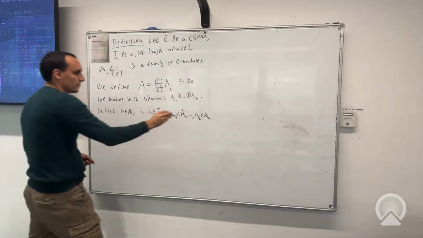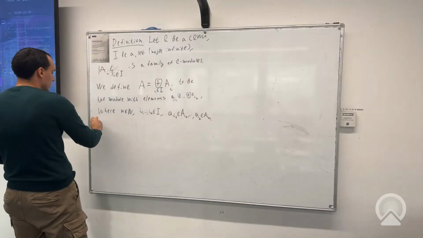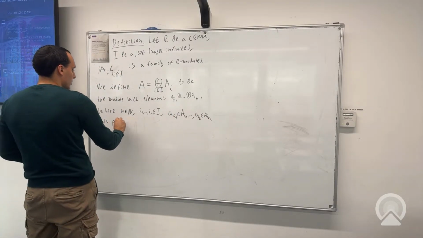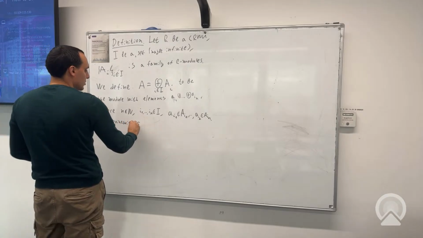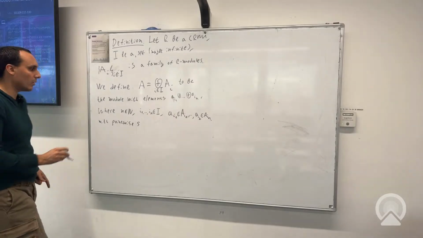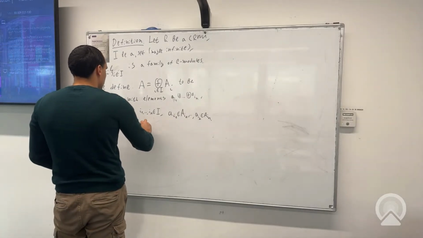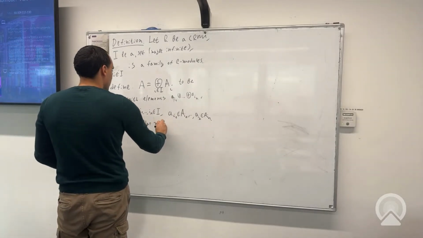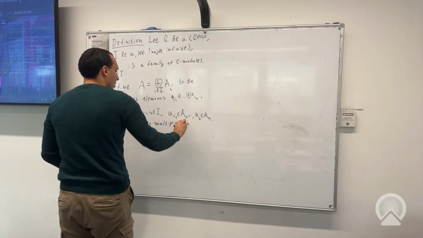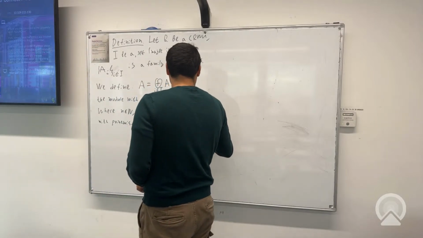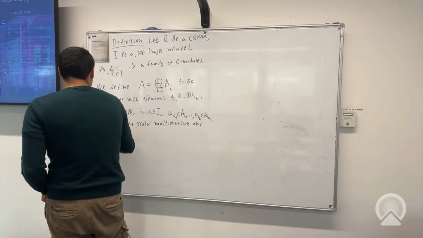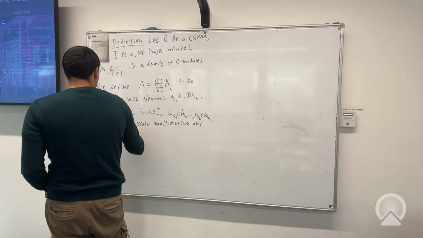And with pointwise scalar multiplication, so if we multiply this by lambda, the components multiply by lambda, and addition of common components.